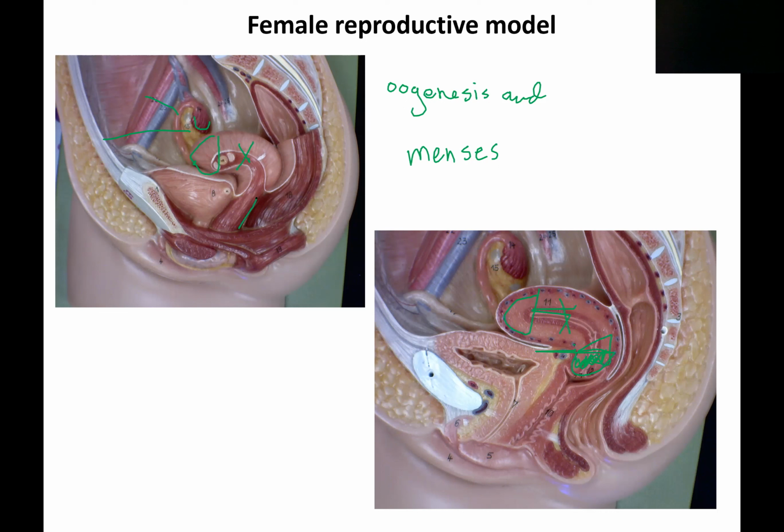Externally, you can see the vaginal canal here. You can see internally the vaginal canal here.